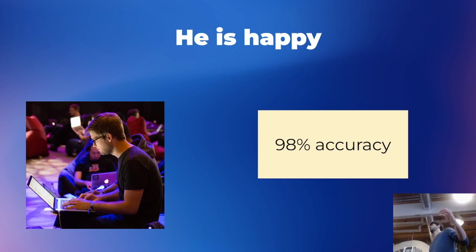So if the picture is of a one, then the output will be a one, and it means it's correct. If the image is of a one and the output is zero, then it's incorrect. So 98% accuracy means that out of the 300 pictures that he's using to test how good this model is, 294 are correct and 6 are wrong. So he's quite happy with it.